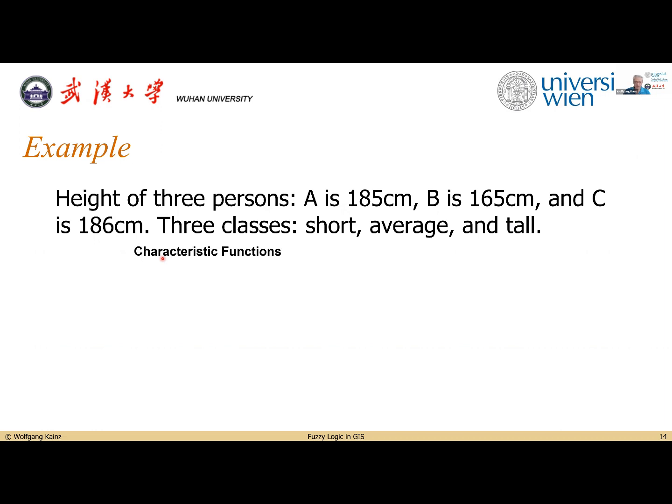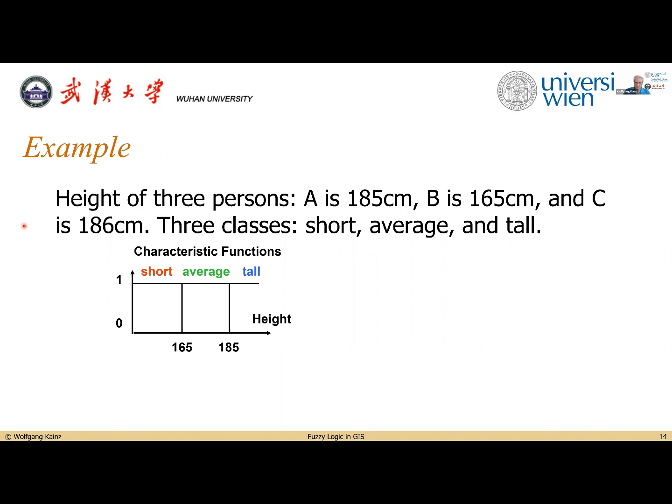So if we use traditional sets, traditional classification, we might define these 3 classes in such a way that we say, okay, everyone up to 165 is short. Between 165 and 185 centimeters, the height is average, and above 185, it's tall.